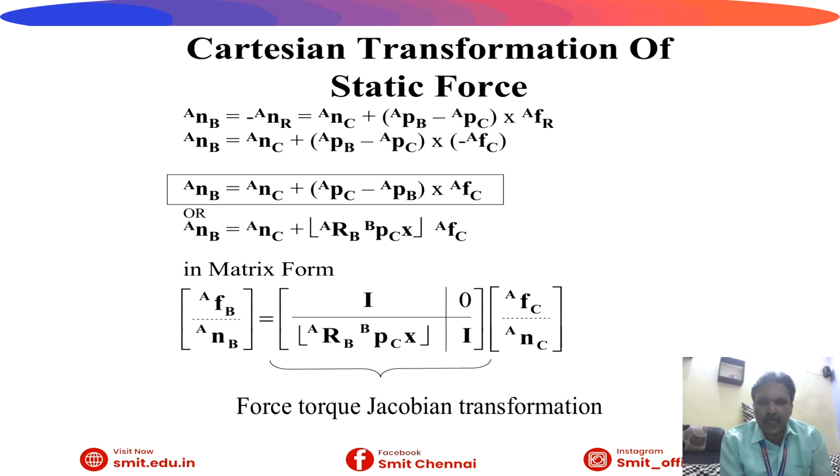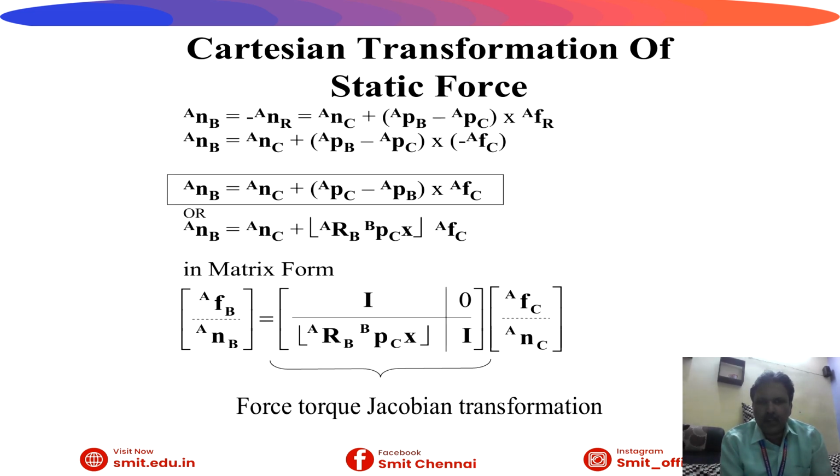Following this slide, we are going to simplify this. ANB equals minus ANR, which equals ANC plus APB minus APC into AFR. ANB equals ANC plus APB minus APC into minus AFC.